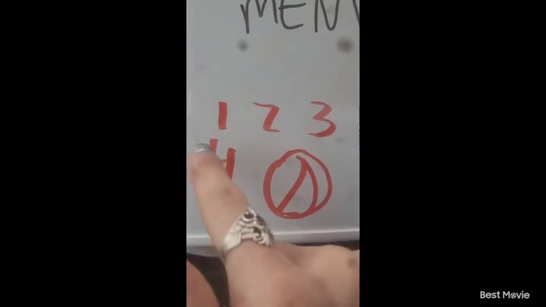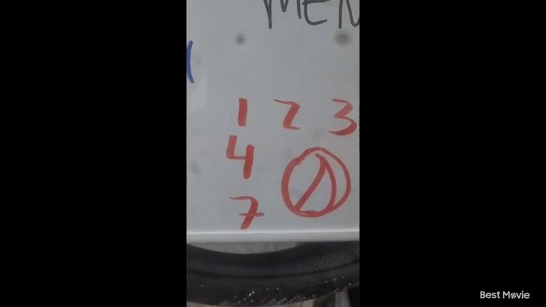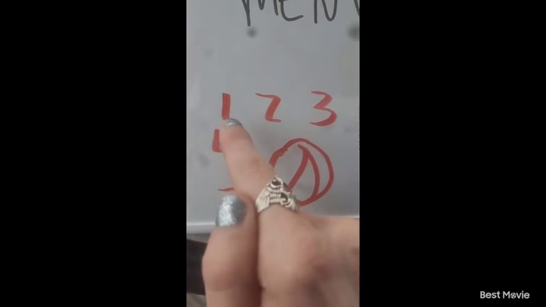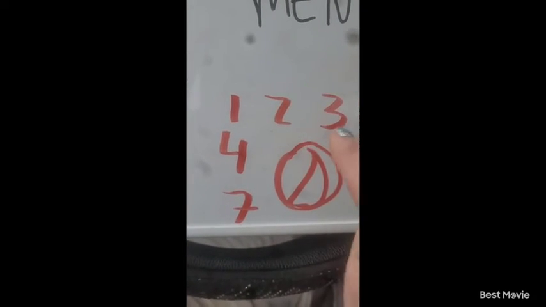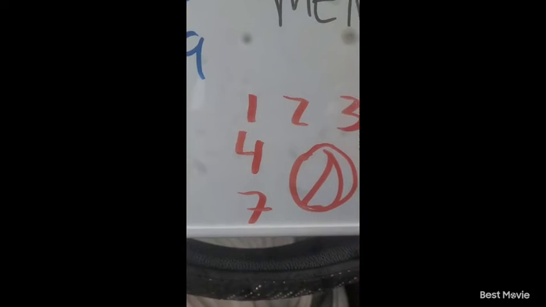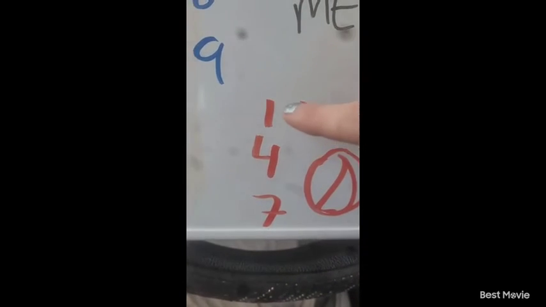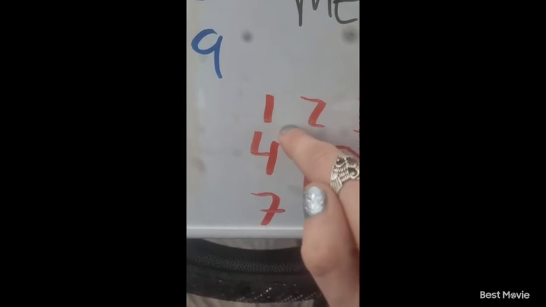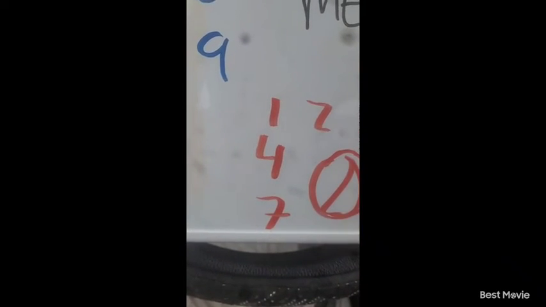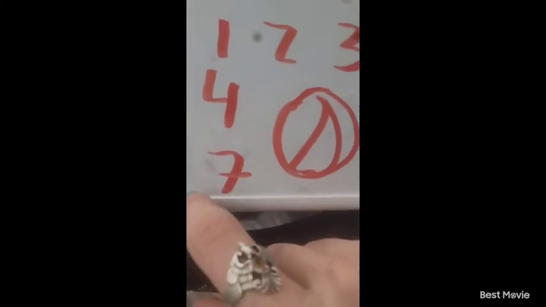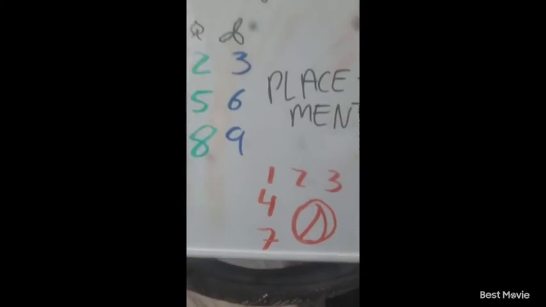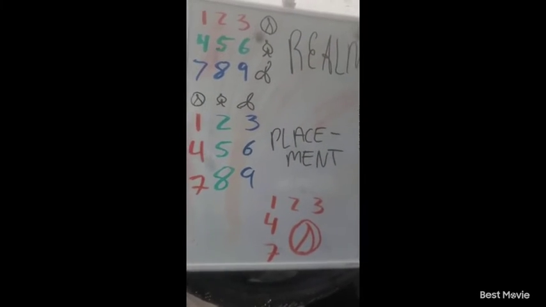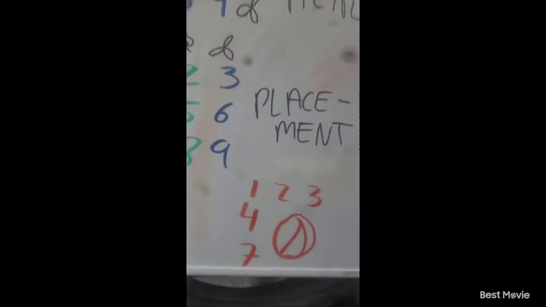So again, we have the cardinal realm with 1 cardinal placement, 2 fixed placement, and 3 mutable placement, and then we have the placements, right, with the different realms. So 1 cardinal placement, cardinal realm, and then 4 in the fixed realm, it's cardinal, and 7 in the mutable realm, it's cardinal. So these are the artist numbers right here.